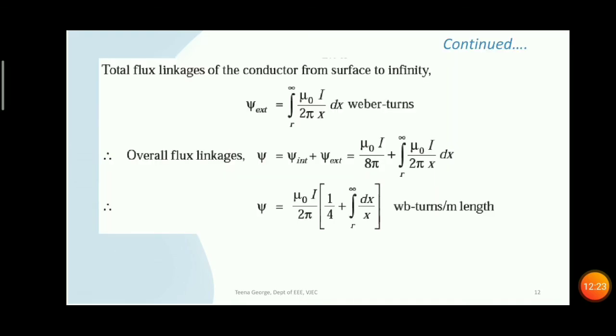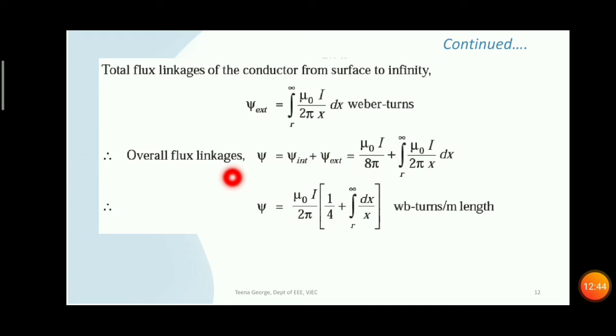Now we can find the total external flux. We said that the external flux extends from surface to infinity. So total flux external, phi external equal to integral r to infinity mu 0 I by 2 pi x dx Weber turns.